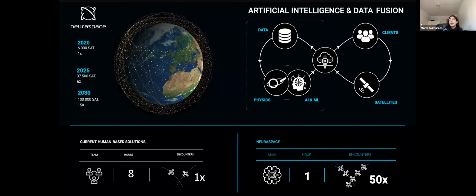And as Carlos was mentioning, the number of satellites in orbit has been increasing, and the number of objects in orbit is always increasing, and the operators cannot keep up with this rapid growth.